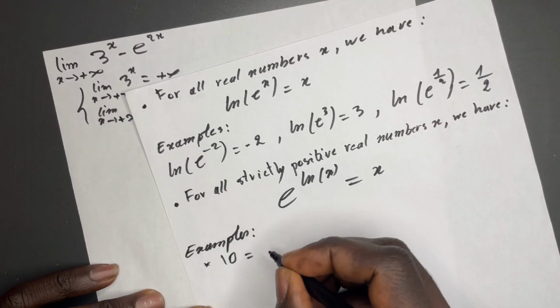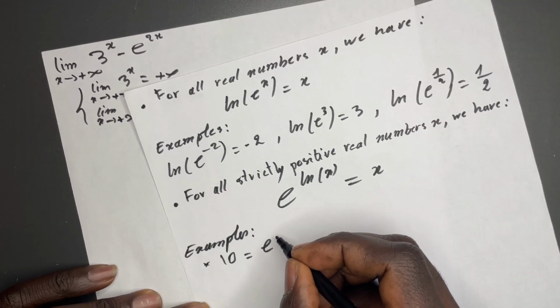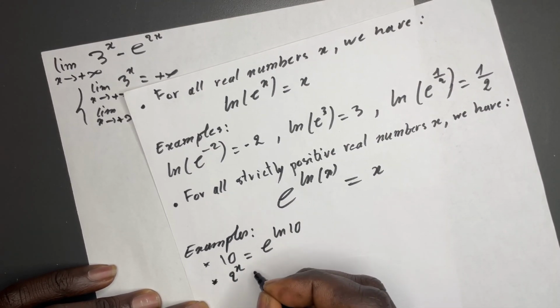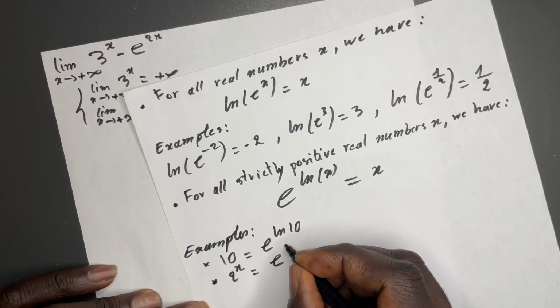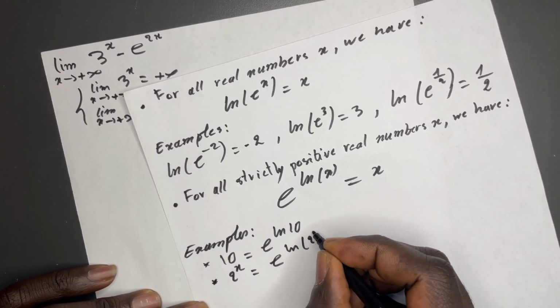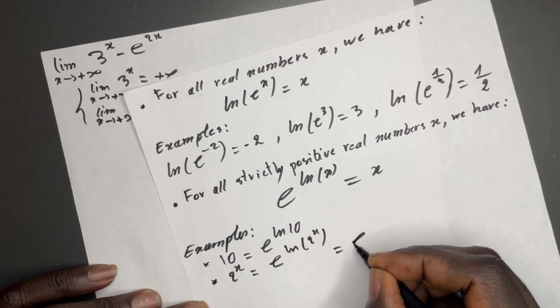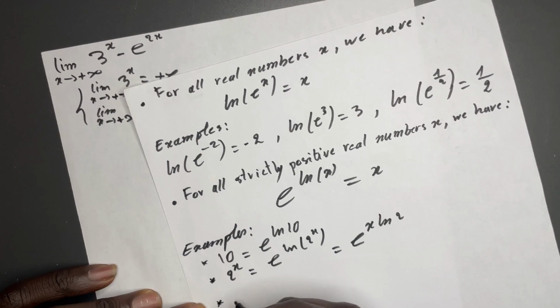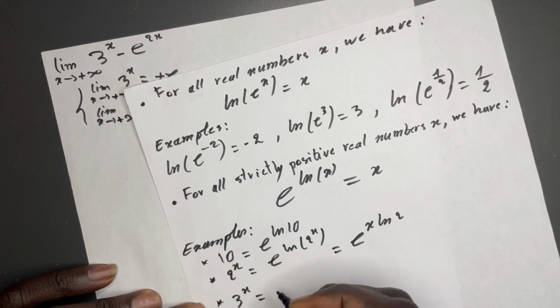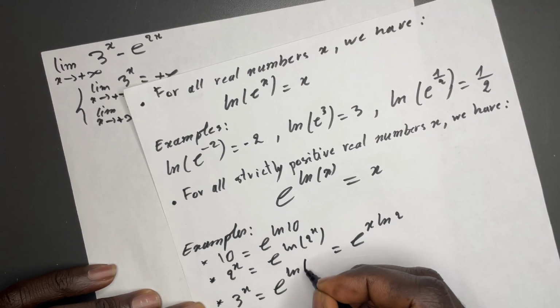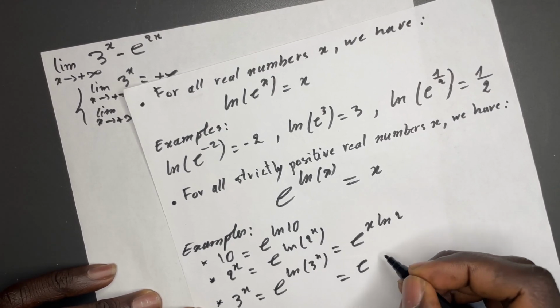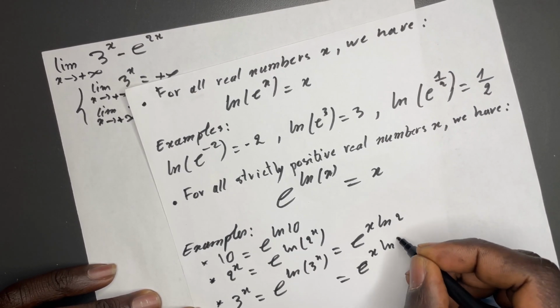Examples: 10 is the same thing as e to the power of ln of 10. 2 to the power of x is equal to e to the power of ln of 2 to the power of x, which is equal to e to the power of x ln of 2. 3 to the power of x is the same thing as e to the power of ln of 3 to the power of x, which is equal to e to the power of x ln of 3.